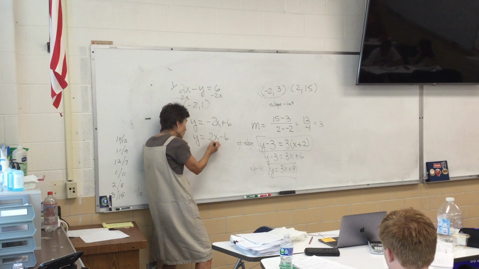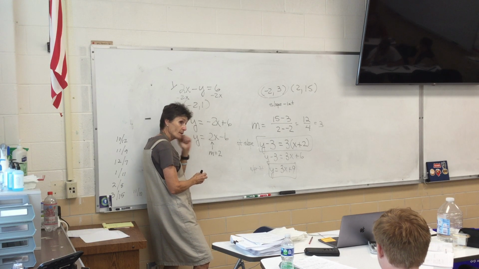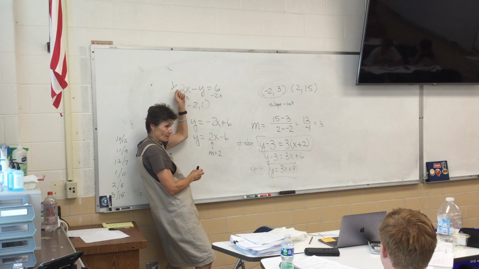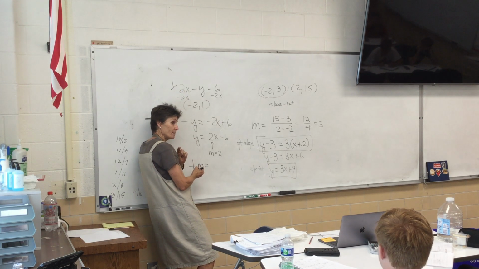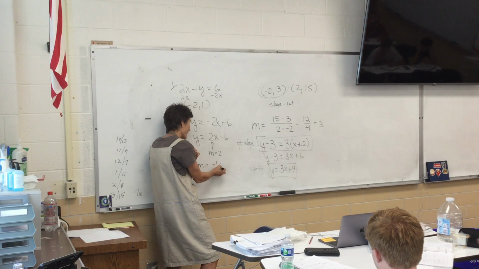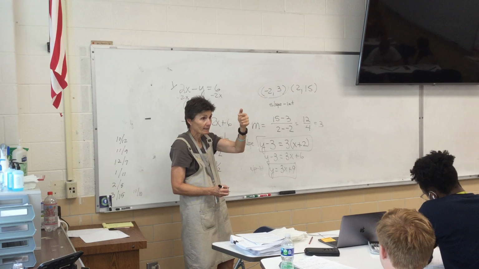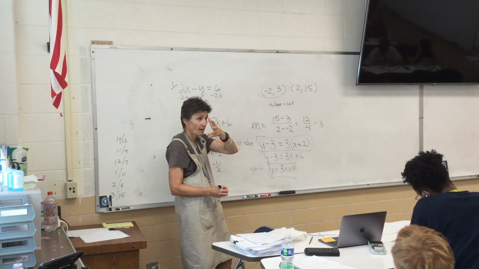So now you know your slope is 2. Yeah, but you have to be perpendicular. So your perpendicular slope will be what? Negative 1/2. Remember, you turn it over and make it negative. Turn it over, change its sign.